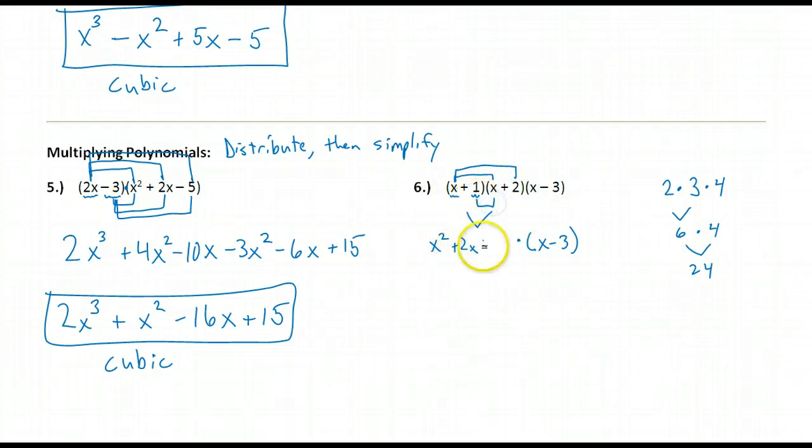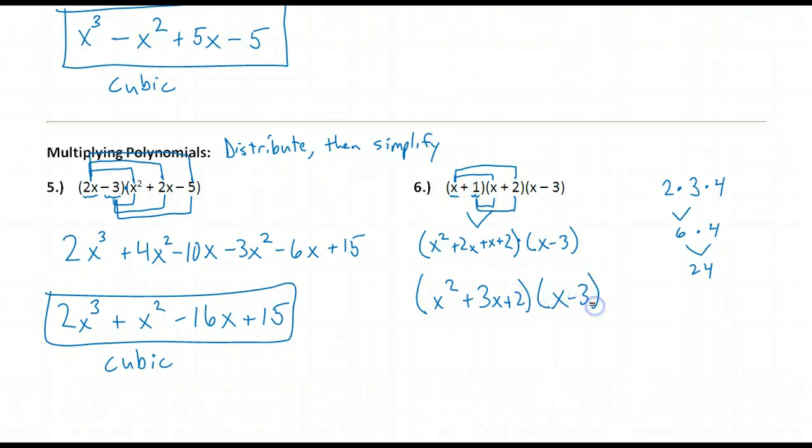And 1 times x and 1 times 2. And I'm going to put parentheses around that because I want to make sure that I take this whole polynomial times this whole polynomial. I'm going to simplify. I get x squared plus 3x plus 2 times x minus 3. So x plus 1 times x plus 2 is x squared plus 3x plus 2. Kind of like 2 times 3 is 6.